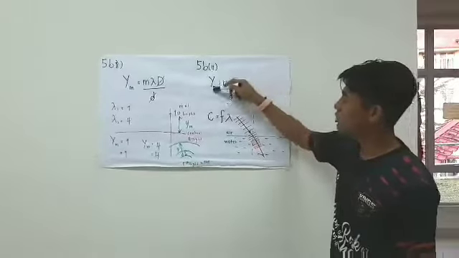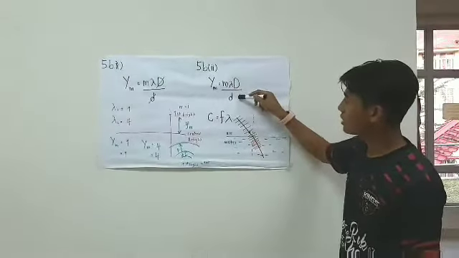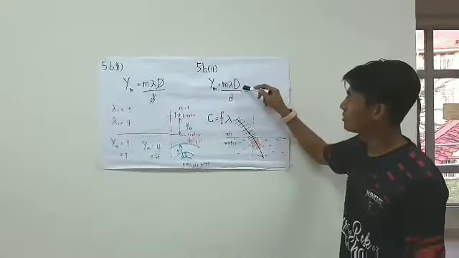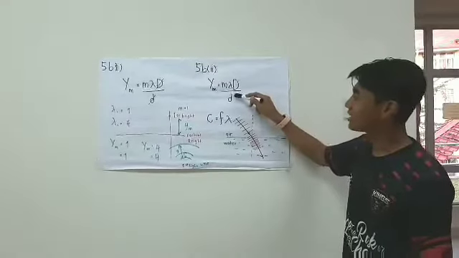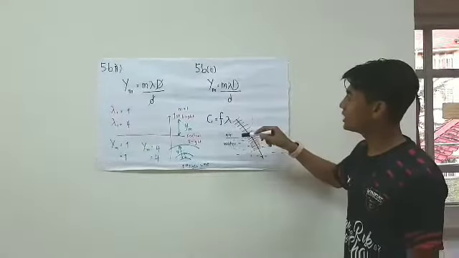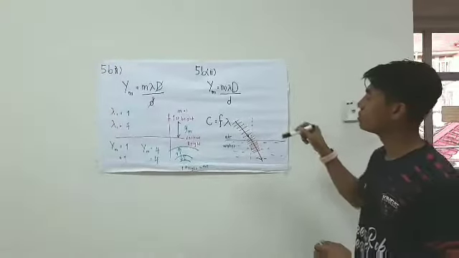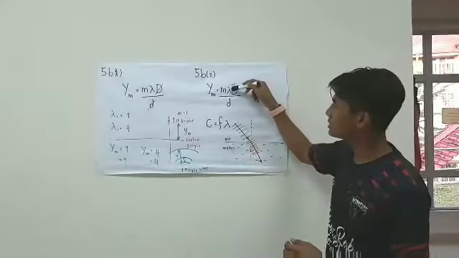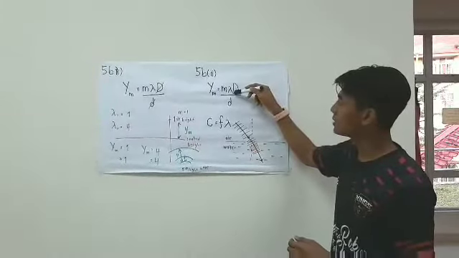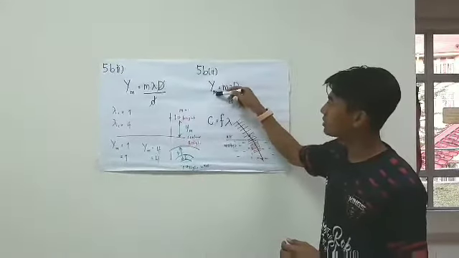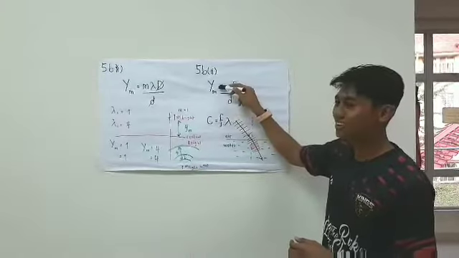From this equation, capital D and small d are constant, so we can cancel them out. When we insert the decreased lambda, we get that y also decreases.